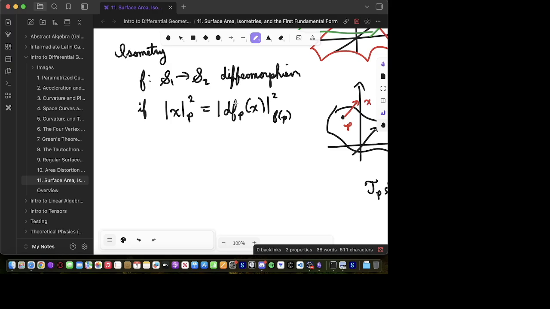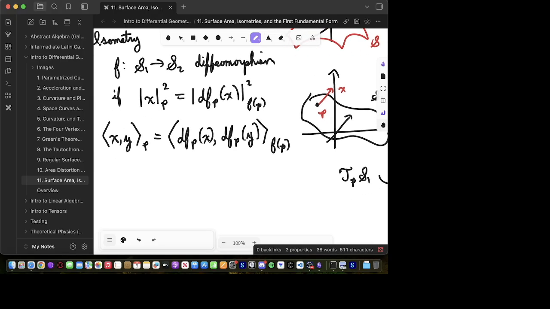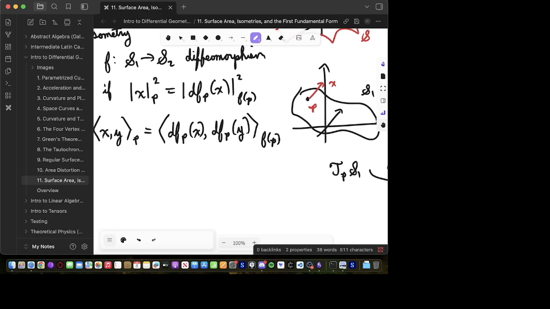Now, an equivalent definition is that if we have x and y, which are tangent vectors at point P, the inner product between them is equivalent to the inner product at F of P of their images under dF_P. The notation is confusing with all the subscripts and P's and F of P's, but hopefully you can see the reason why they're being used.